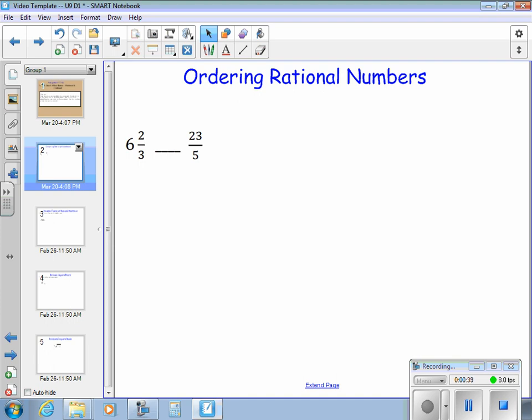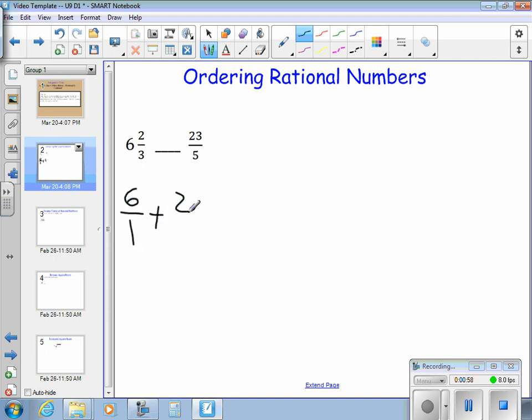denominators. So first of all, to convert our mixed numeral into an improper fraction, we'll take the whole number and put it over 1. So this is the same thing as, whoops, I need a pen. Same thing as 6 over 1 plus 2/3 equals 23 over 5.